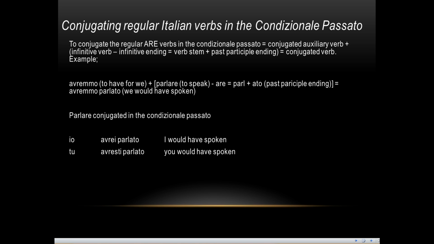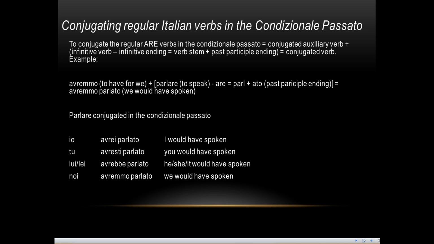Tu avresti parlato, you would have spoken. Lui o lei avrebbe parlato, he or she, it would have spoken. Noi avremmo parlato, we would have spoken. Voi avreste parlato, y'all would have spoken. And loro avrebbero parlato, they would have spoken.